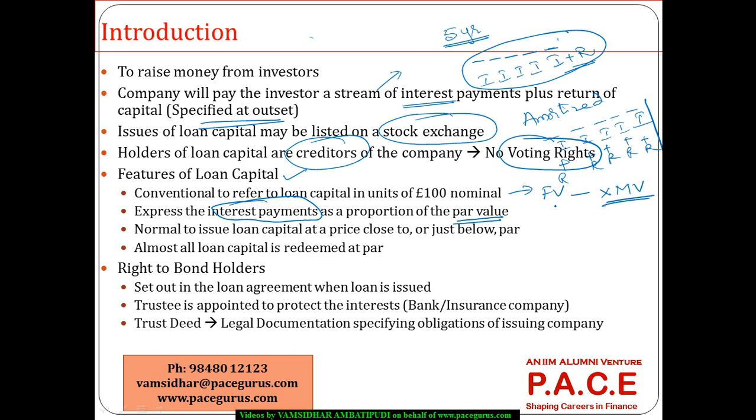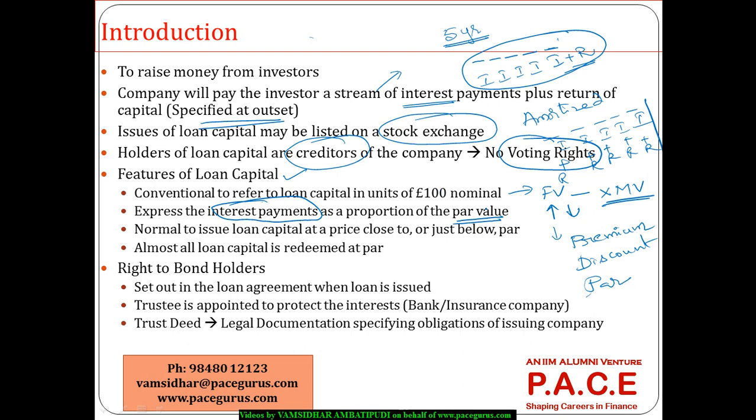The market price could be more than this or could be less than this. If the market price is more than the face value, we say that bond is being sold at a premium. And if the market value is less than the face value, we say that bond is getting sold at a discount to the face value. Otherwise, we say that it is getting sold at the par value itself.